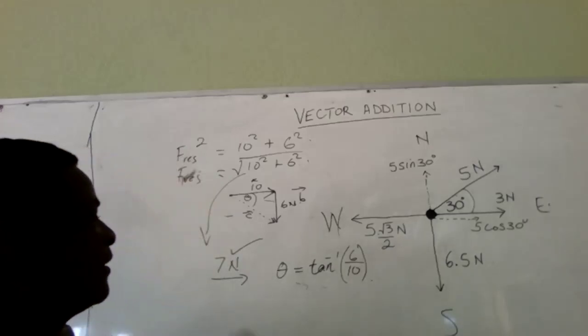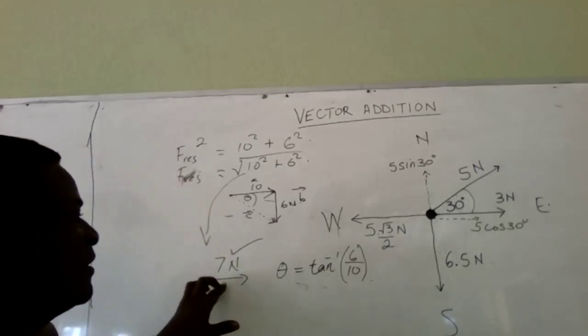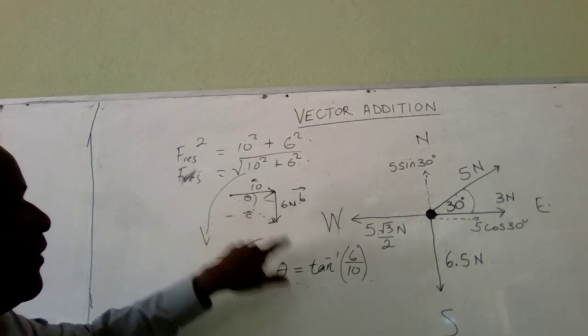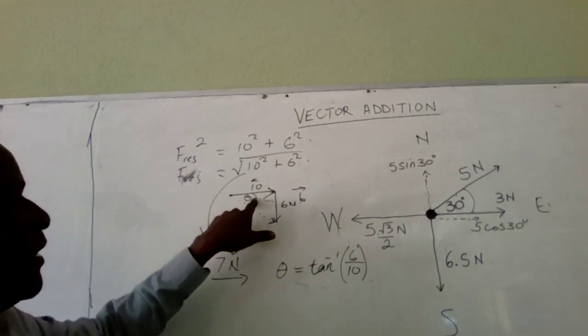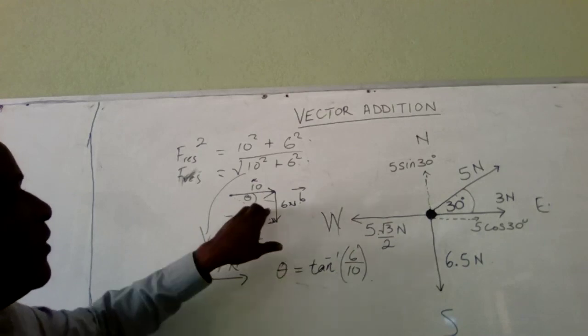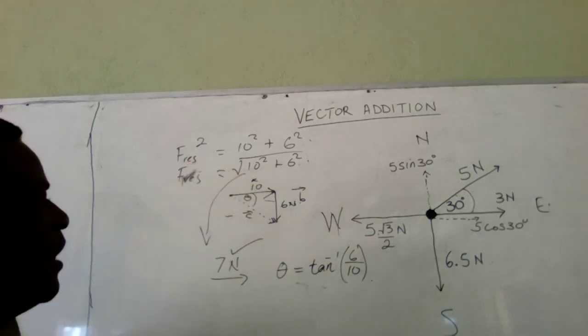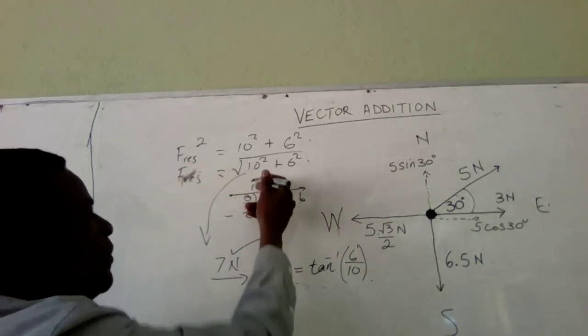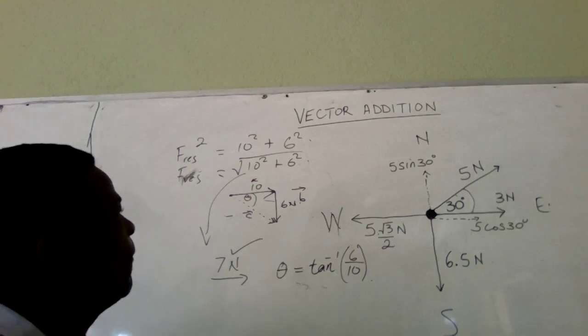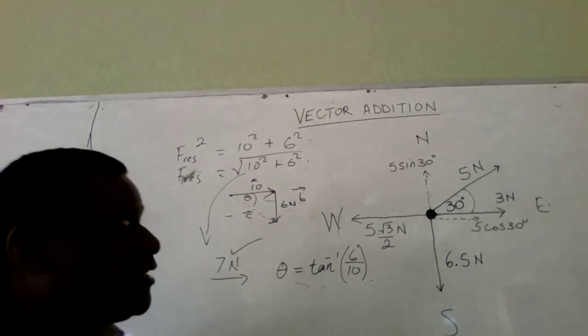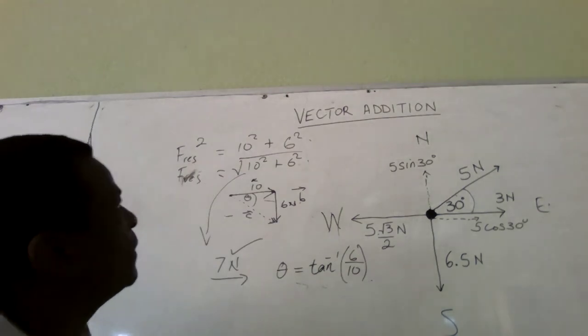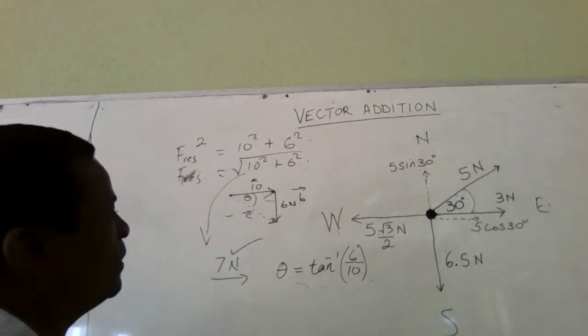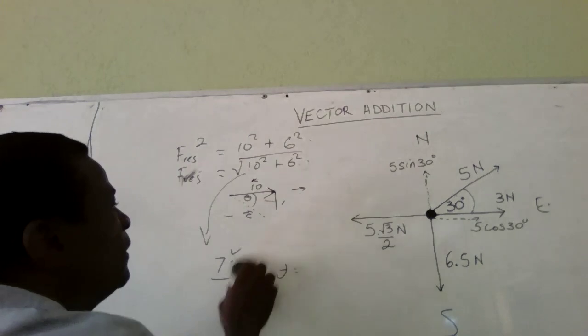Then you can say the final answer: 7 Newtons at an angle theta, which is 5, south of the 10 Newton force, or relative to the 10 Newton force. Then you've got it. So that's this simple vector addition there.